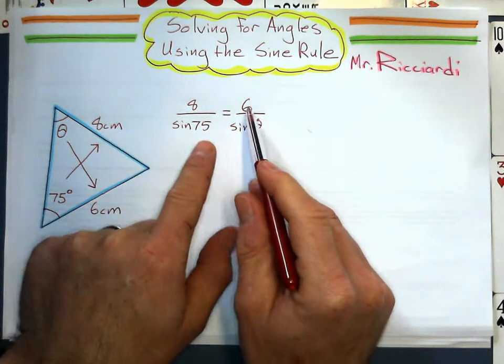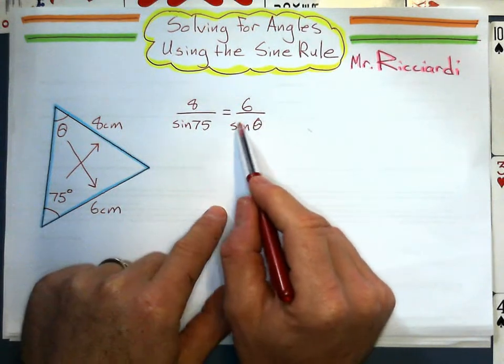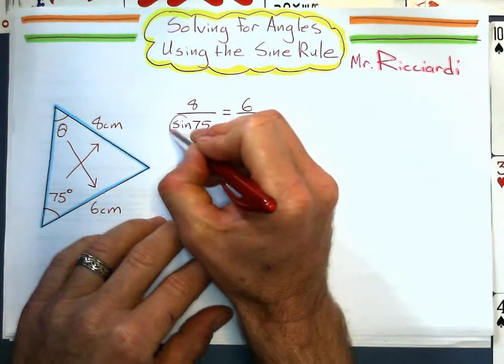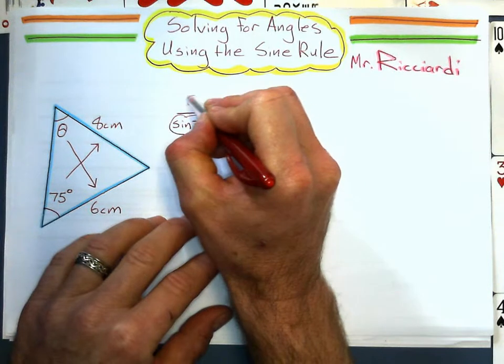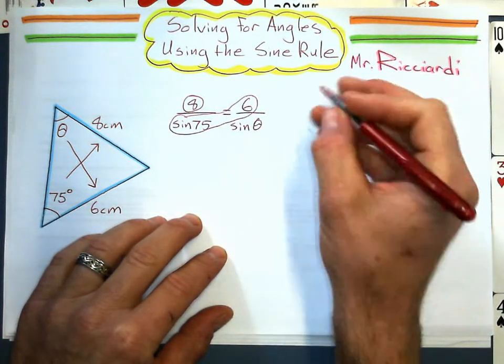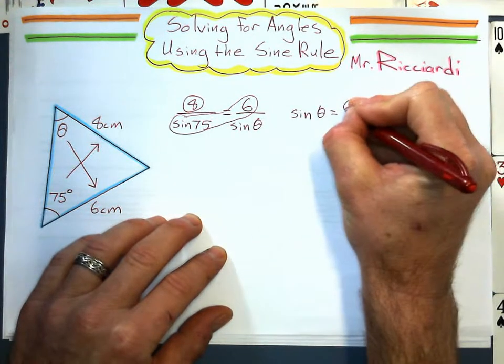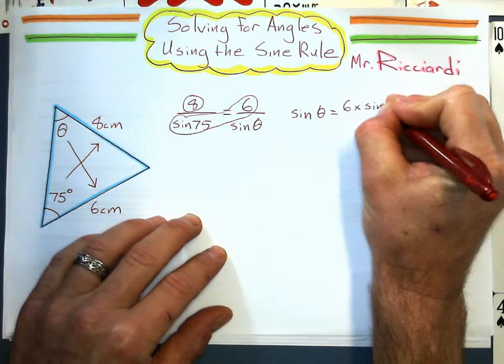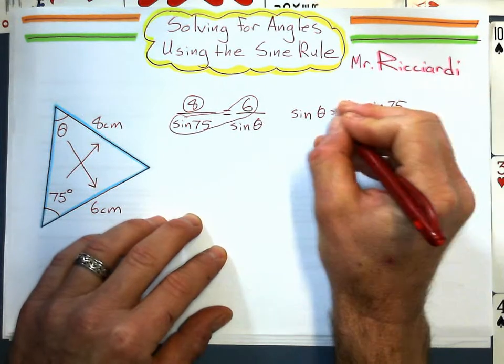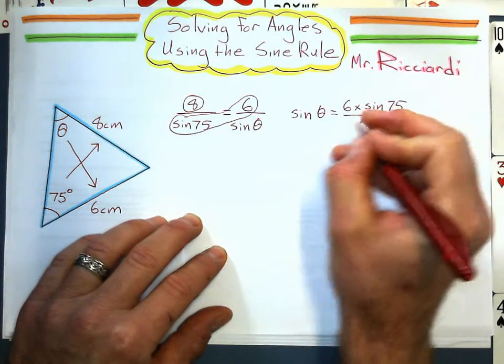Okay, now here, I'm solving for theta, so this is going to be my unknown. Cross multiply here, and divide by that lone ranger. So I'm going to say sine theta equals 6 times sine 75 divided by 8.